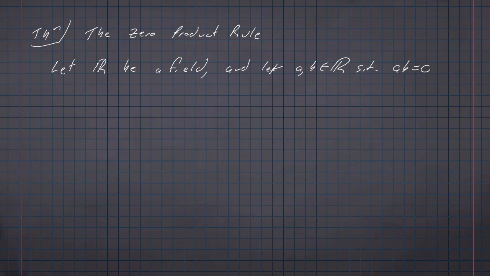Let's let R be a field, and let's let A and B be elements of that field such that A times B is 0. You remember from previous coursework that the zero product rule tells us that either A is 0 or B is 0 or possibly both.